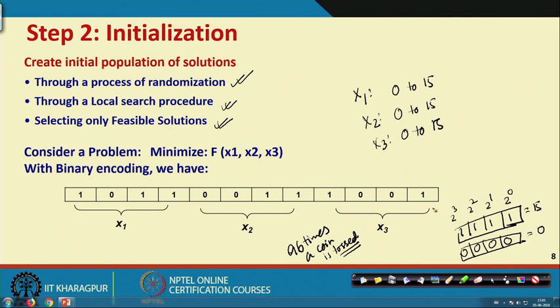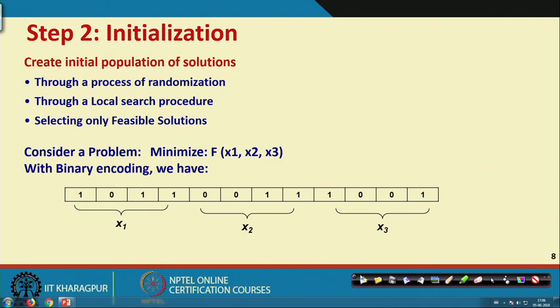So, if we do this 12 times, I get 1 chromosome, and since the initial population size is, let us say, 8, if I do it 96 times, I can create an initial population of solutions. Very simple process, a population is created.